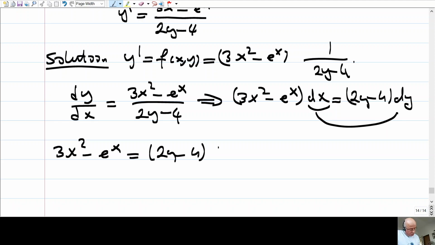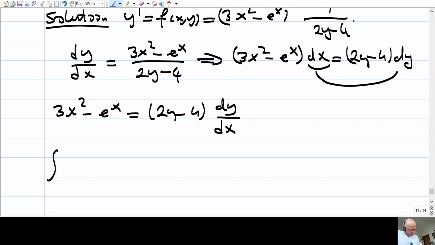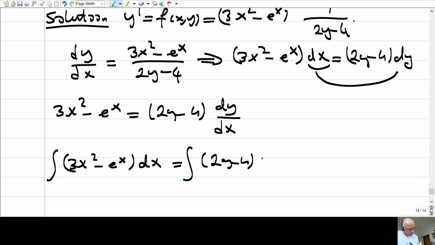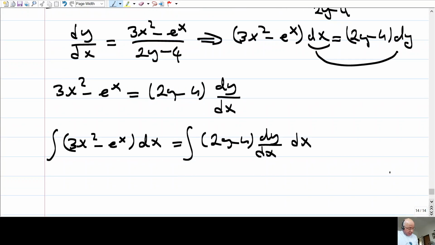(2y minus 4) dy/dx, and then we integrate both sides with respect to x. So (3x squared minus e to the power x) dx, and then (2y minus 4) dy/dx dx. But you see, when you do that, what happens is you are just integrating this expression with respect to y, right?